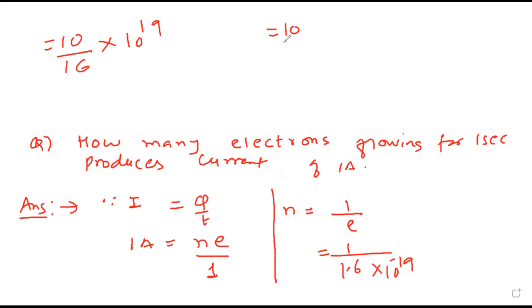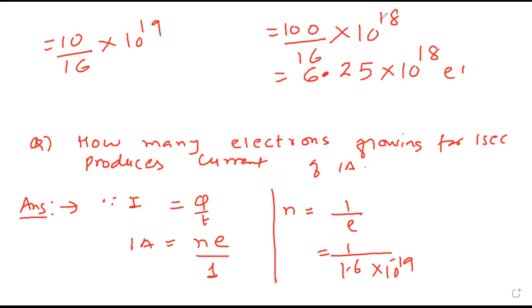That is 100 upon 16 into 10 raised to 18. 16 into 6 is 96. Remainder will be 4. 16 into 2 is 32. Remainder will be 8. 16 into 5, 80. So 6.25 into 10 raised to 18 electrons flowing gives current of 1 ampere in 1 second.